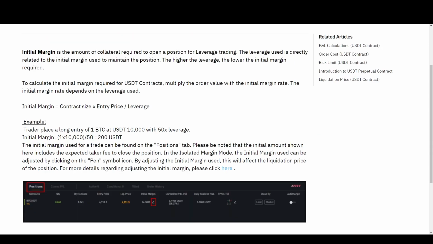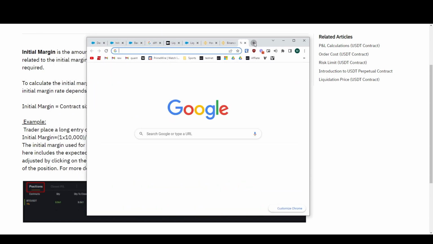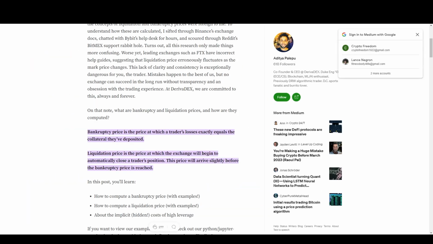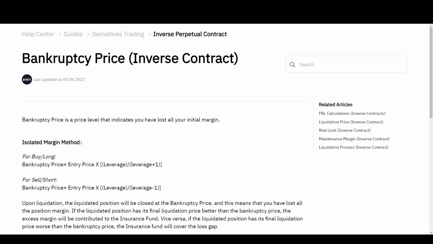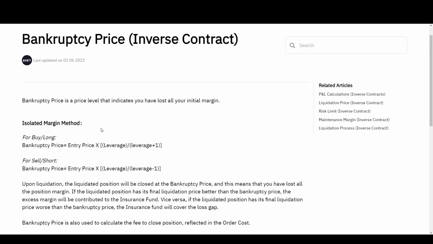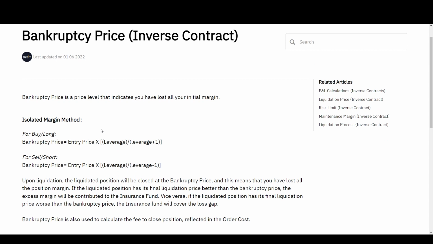And then for the inverse side of things, damn, who would have thought this was so confusing?